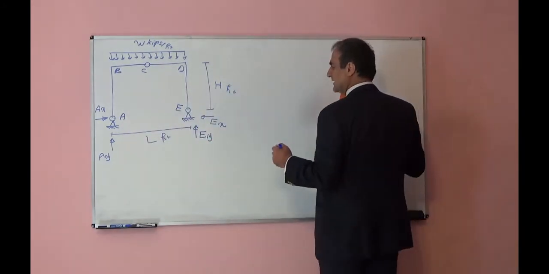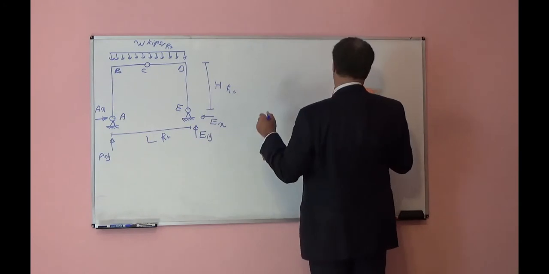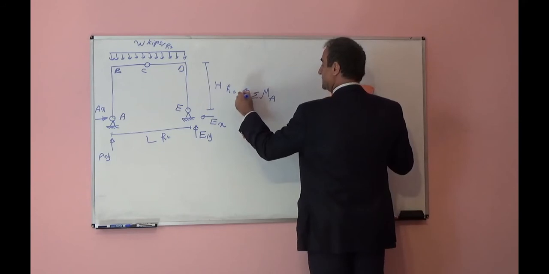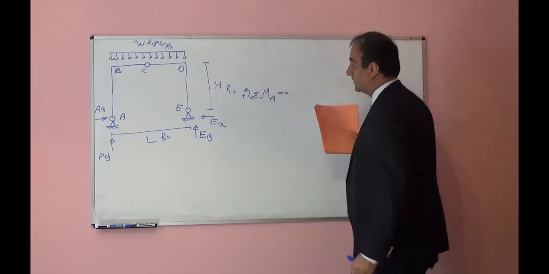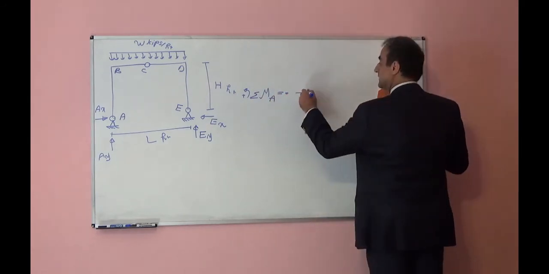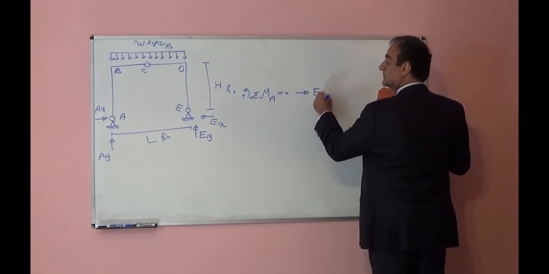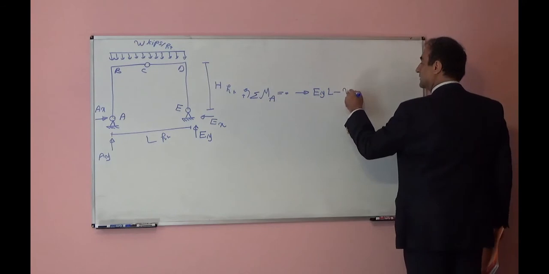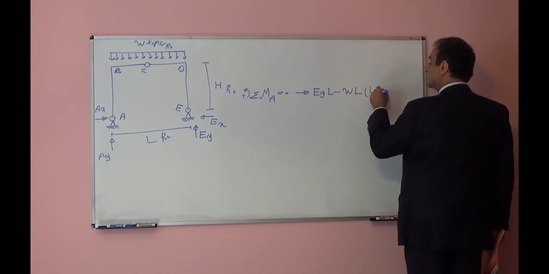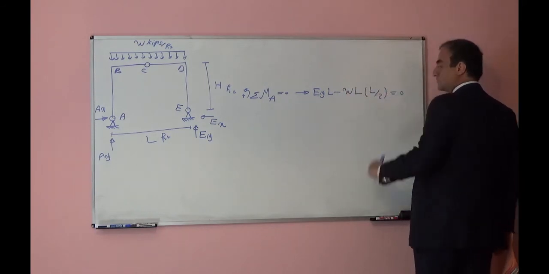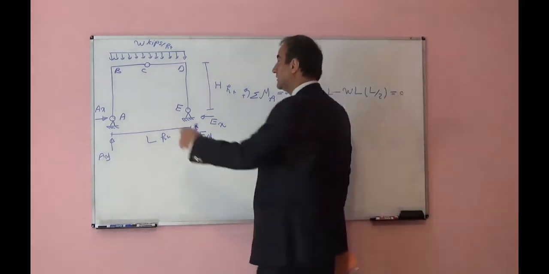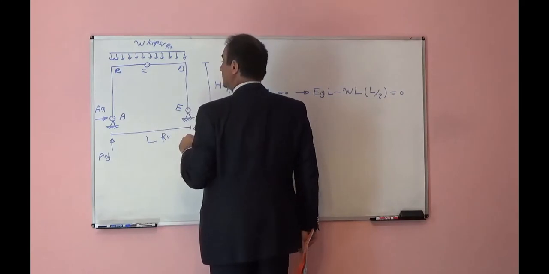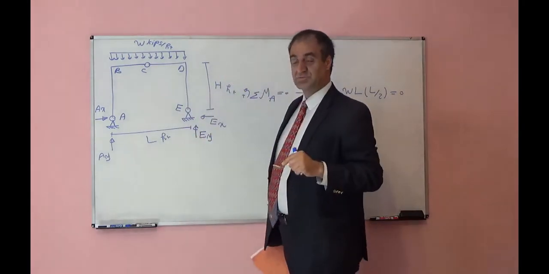Let's first find EY. In order to find EY, I can write summation of moment respect to support A is equal to 0. From here, EY times L minus W times L over 2 is equal to 0. W, the intensity of the load, times L, the length, will be the resultant force.